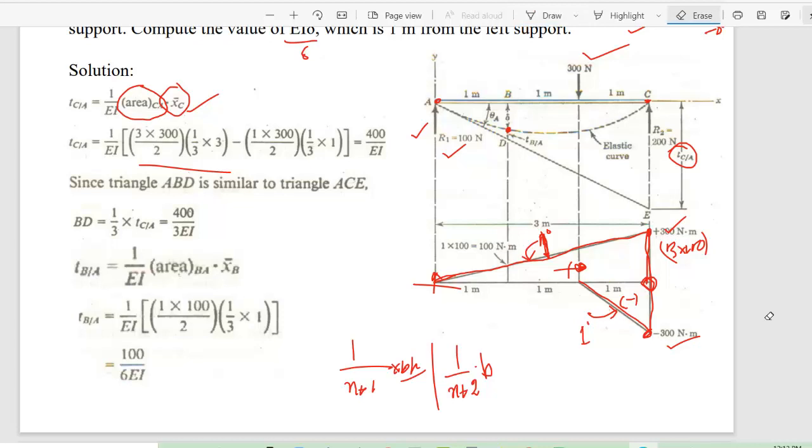Or you can also use the formula 1 by n plus 2 into B. So n is 1, so 1 by 3 into B. B is 3. Same, right? Similar way, now come to this part. So this part, 1 is the B. B is your 1. And H is similar, 300. So 1 into 300 divided by 2 into 1 by 3 into 1. This is your area and this is your X bar.